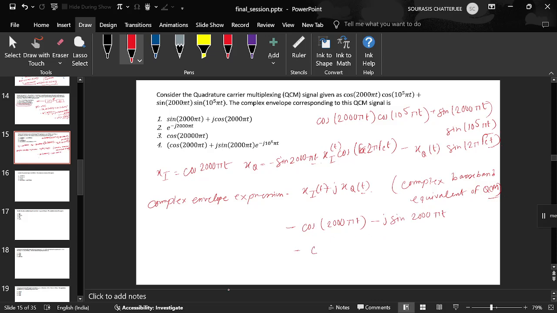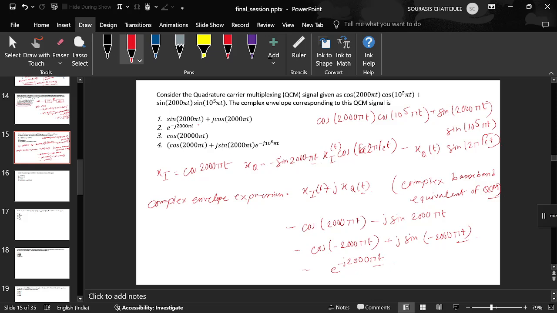So this we can write as cos of minus 2000 pi t, because cos of minus x and cos of x are the same, and this minus we can take inside because sine of minus x is minus sine x, 2000 pi t. So this is nothing but the exponential of minus j 2000 pi t.